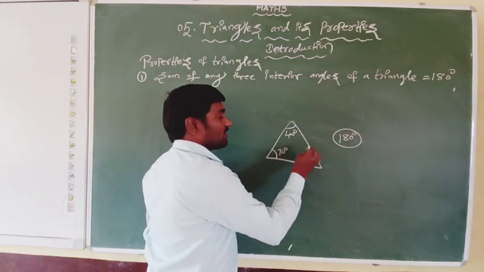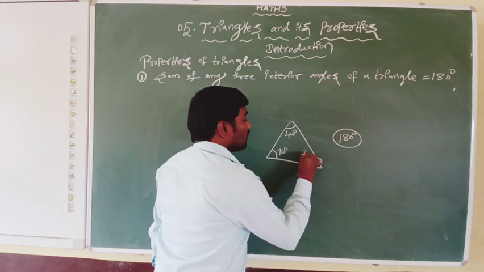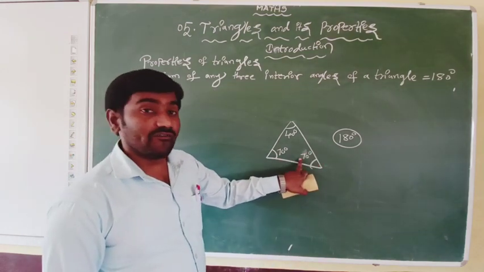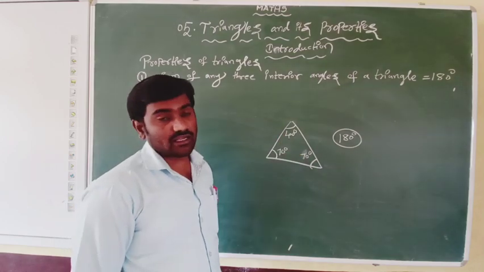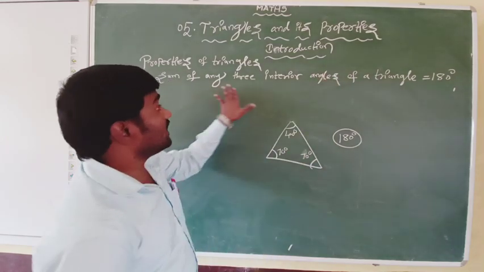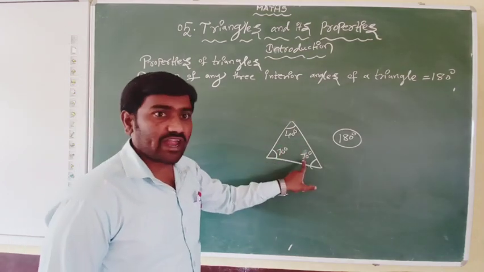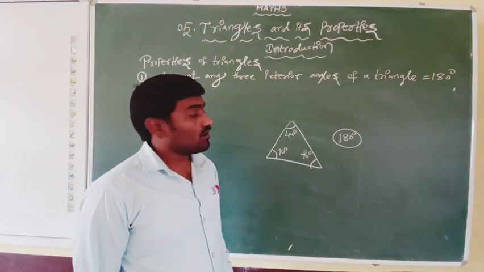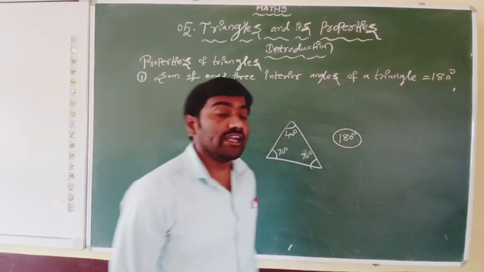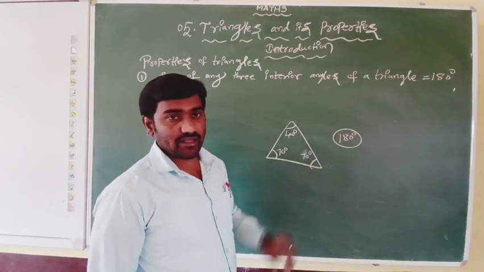So 110 degrees are completed, so 70 more degrees are required. 70 plus 70 is 140, 140 plus 40 is 180. So the condition is satisfied, that the sum of any three interior angles inside the triangle, known as interior angles, is equal to 180 degrees. So it is satisfied, yes.